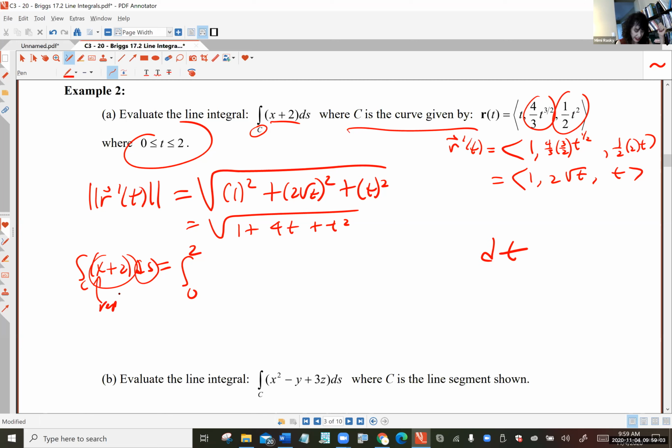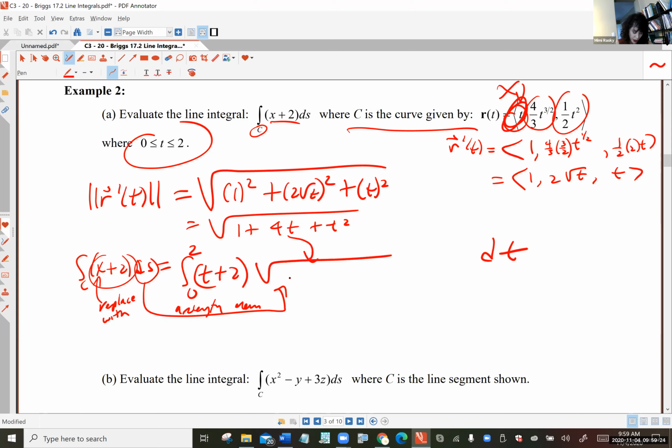So what do you replace that x with? T. You look at the x component from your vector valued curve, and you would replace it with just t. Oh, that's nice. So you have, instead of x plus 2, t plus 2. And then this arc length element, which is pretty disgusting because you know it's that whole radical, we just did it, the square root of 1 plus 4t plus t squared. And then integrate this with respect to t.